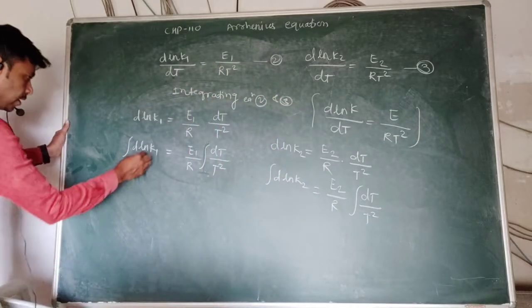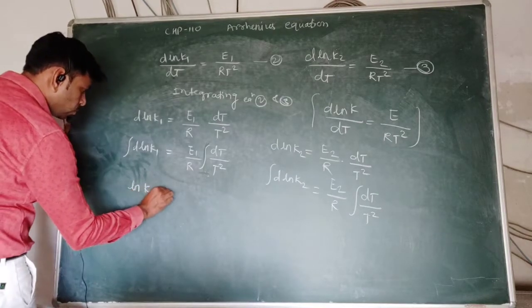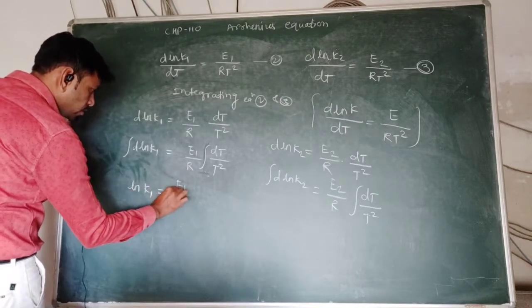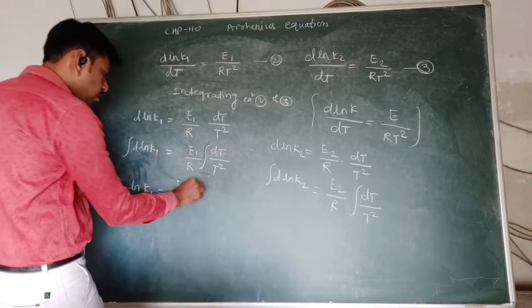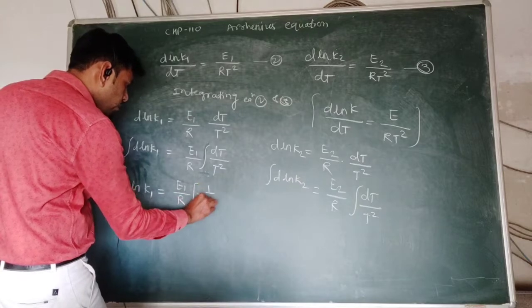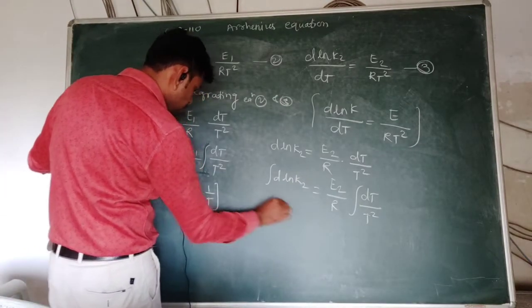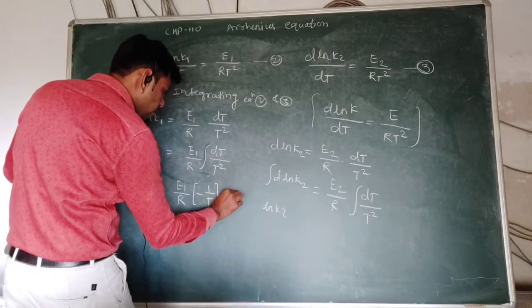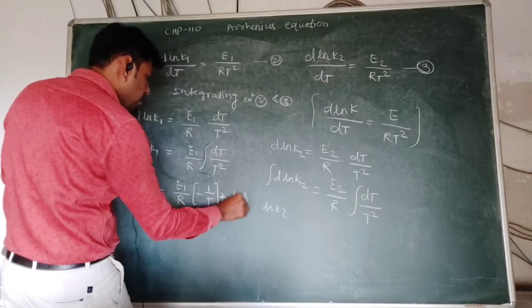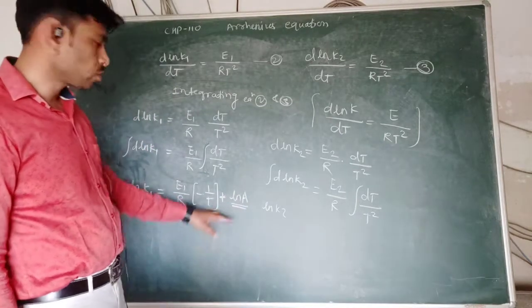So ln k1 equals E1 upon R, written as it is, times the integration of dt upon t square, which is minus 1 upon t, plus a constant of integration, which we define as ln a.